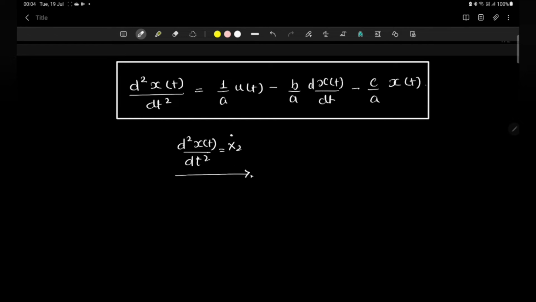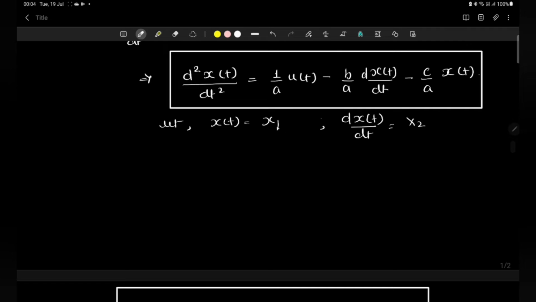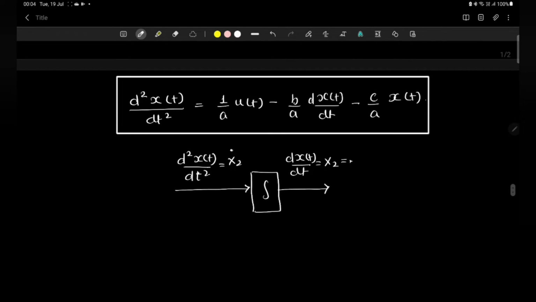Now this goes to the integral block, and the output of the integral block is dx of t by dt, which is x2. What is the relationship between x2 and x1? The differentiation of x1 is dx by dt, which is x2. Now this goes to another integral block, and your output will be x of t, which is x1.